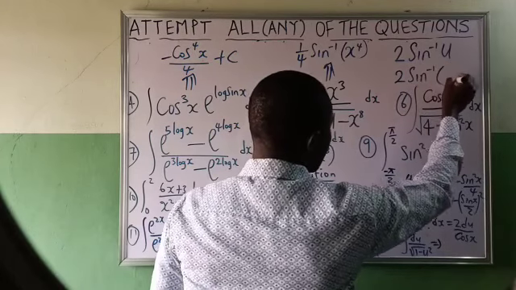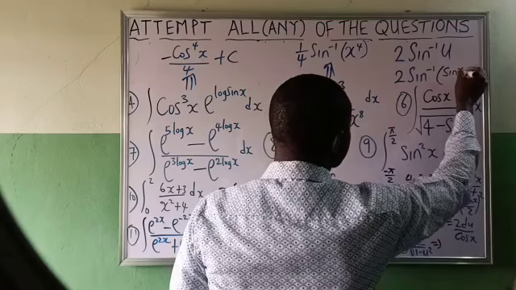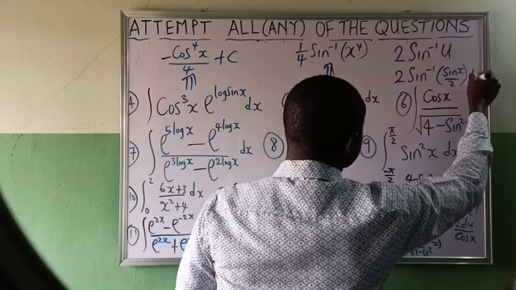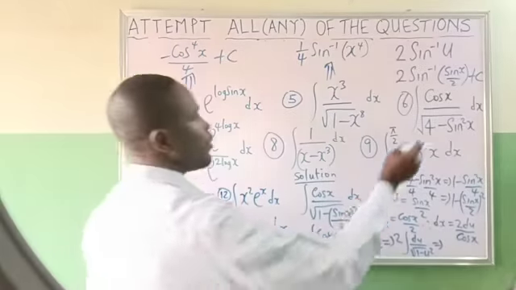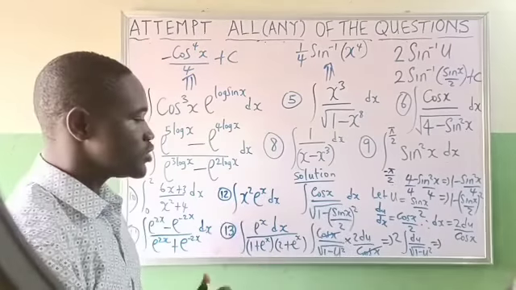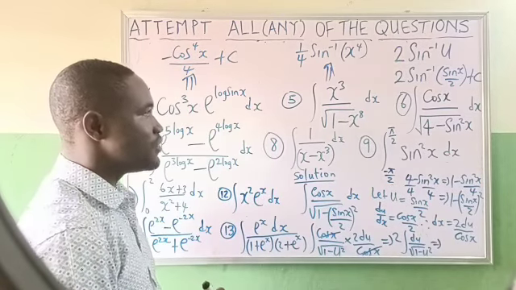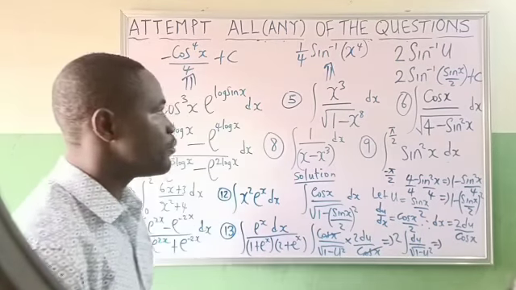I said let my u be sine x over 2. I will now say plus c. I am putting plus c because it does not have upper and lower limits, so it is an indefinite integral. But if it has upper and lower limits, please don't put plus c.